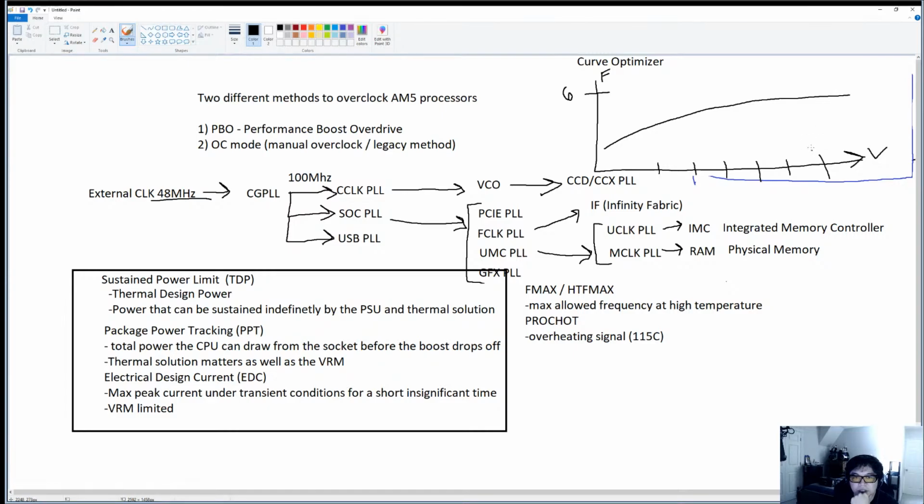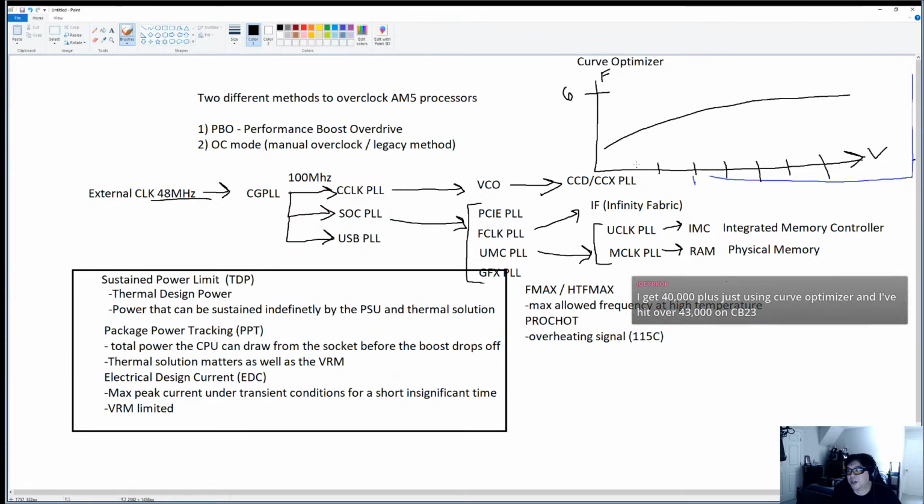However, at a certain point it becomes unfeasible to continuously raise voltage to get more frequency. In the beginning, it scales really well.